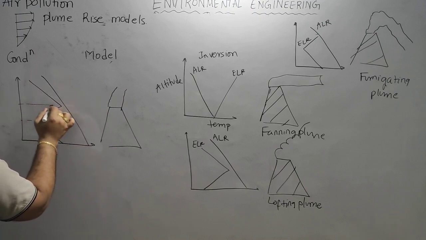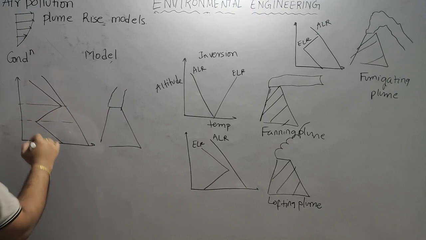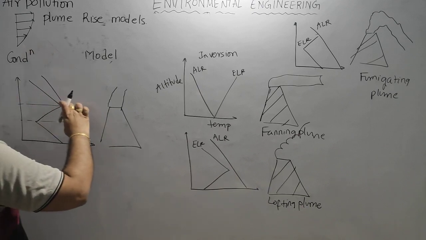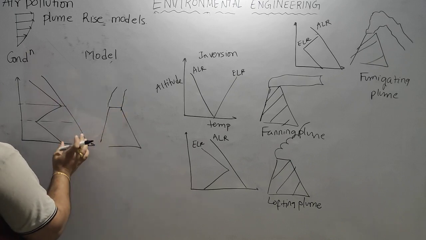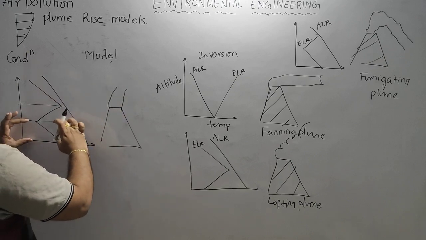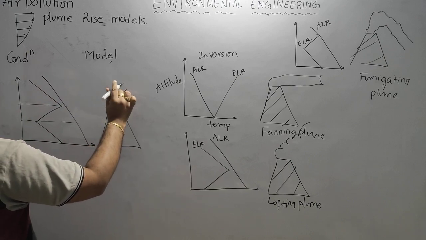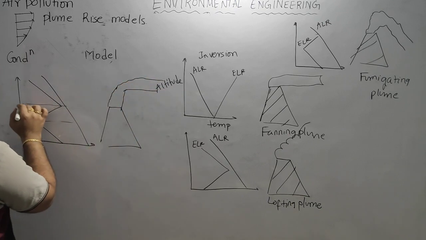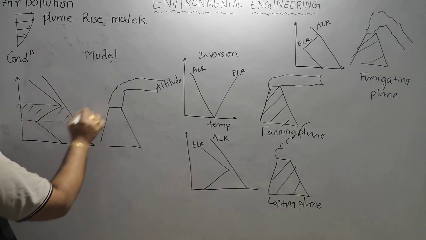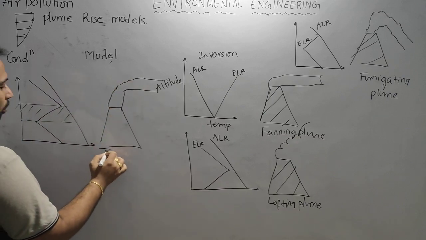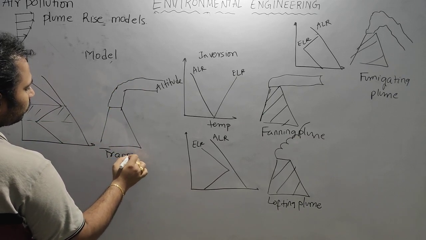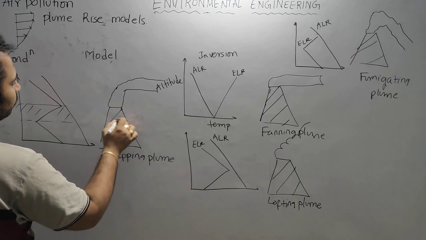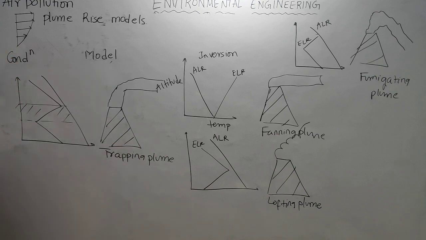But after this height it is inversion, so dispersion cannot take place. It is trapped in this layer. To be precise, up to this height dispersion takes place, and after that it will trap inside this layer. It's a trapping plume.